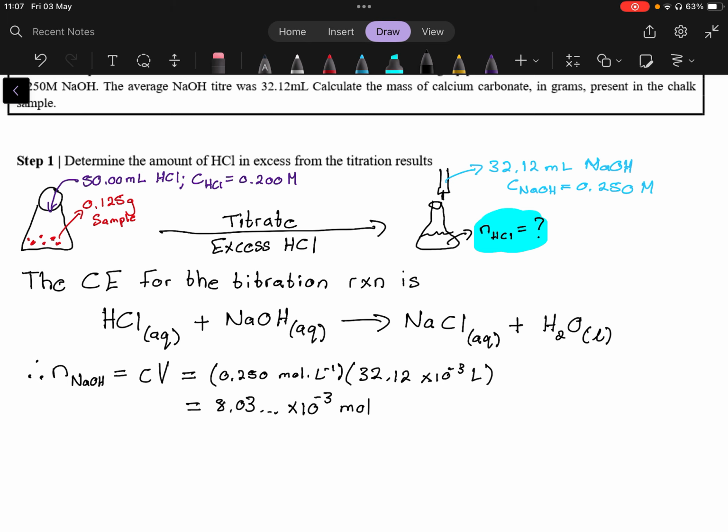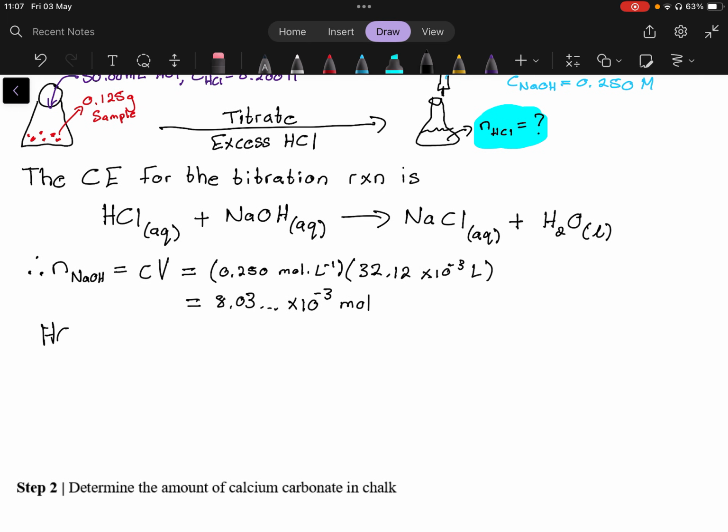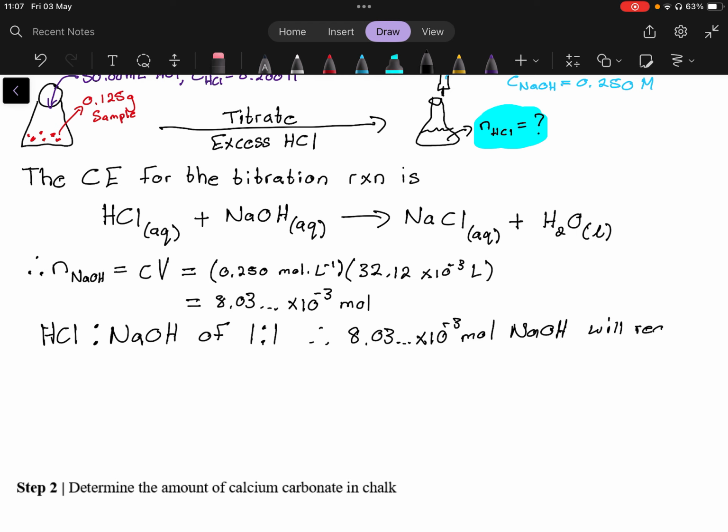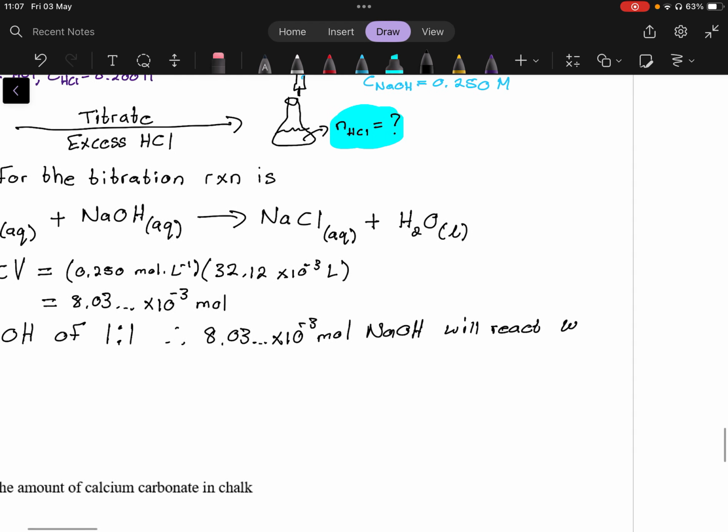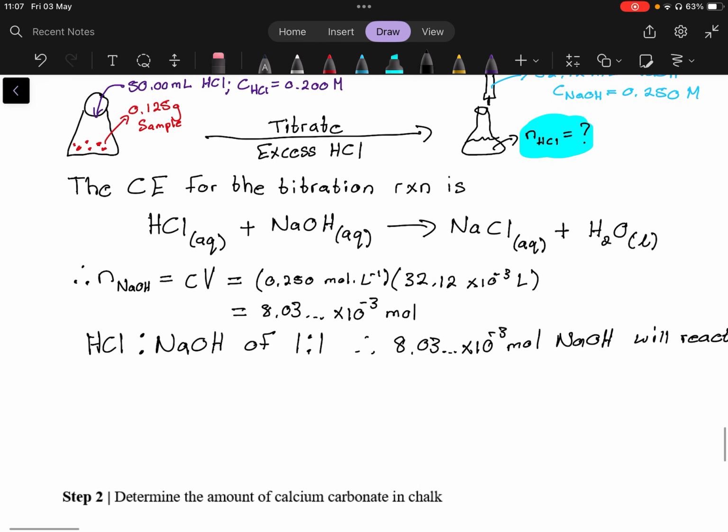And we know from the reaction equation, now you write a little sentence that says HCl reacts in a ratio to sodium hydroxide of 1:1, therefore 8.03 times 10 to the negative 3 mole sodium hydroxide will react with 8.03 times 10 to the negative 3 mole HCl.